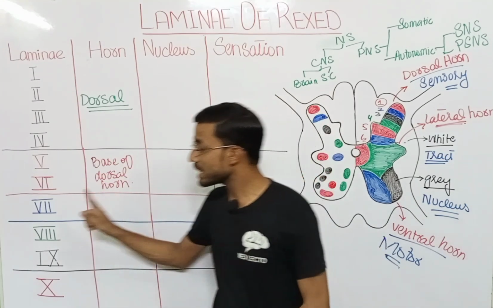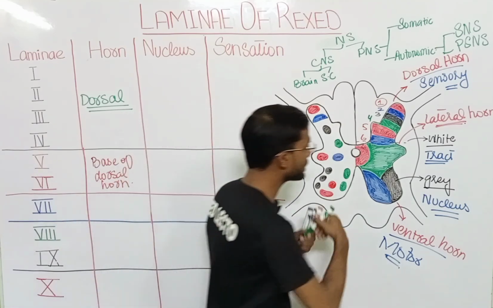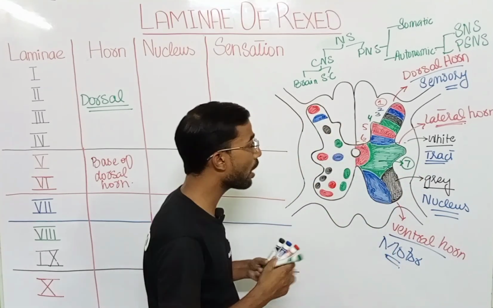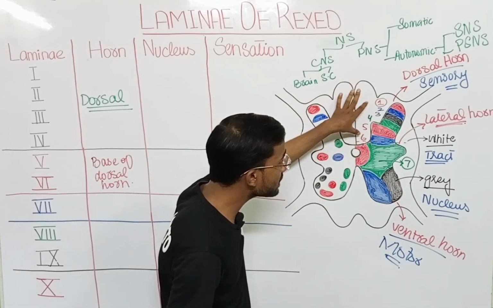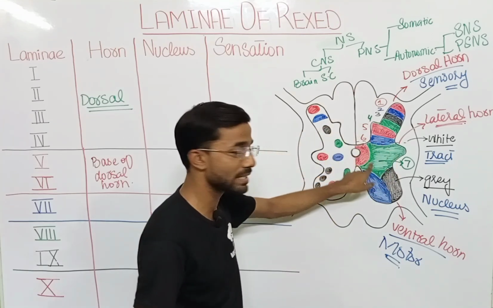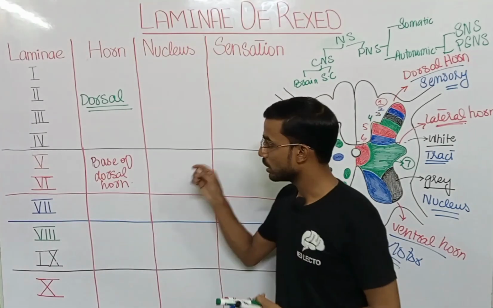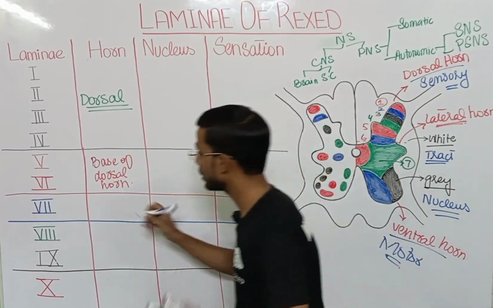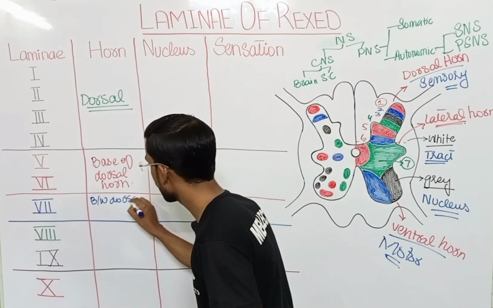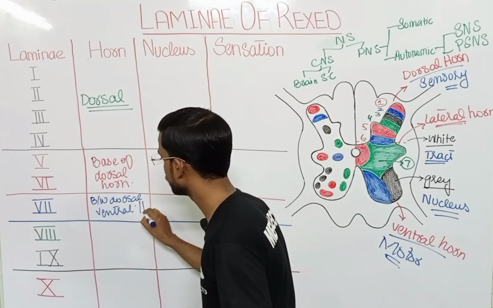The seventh lamina falls between the dorsal horn and the ventral horn. So the seventh lamina is present between the dorsal and the ventral horn.